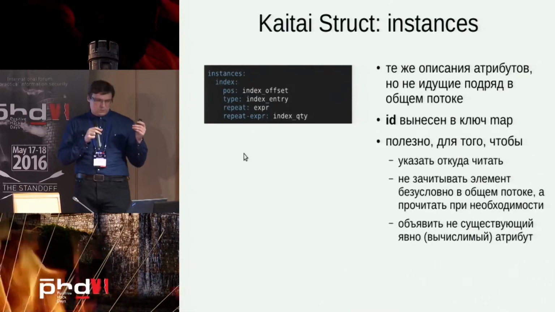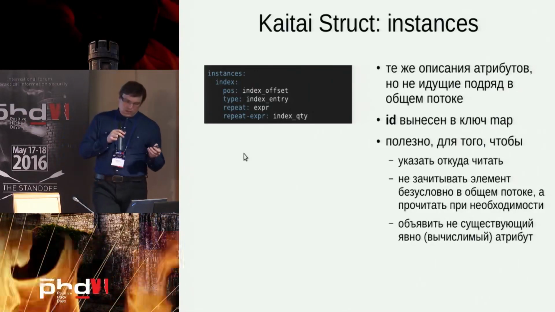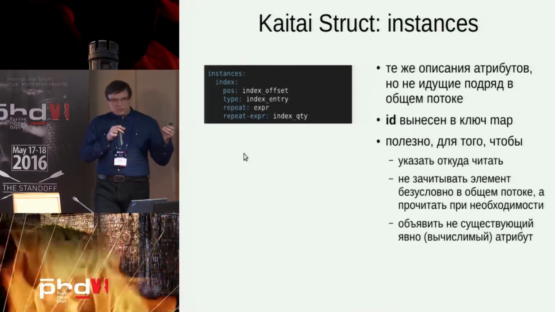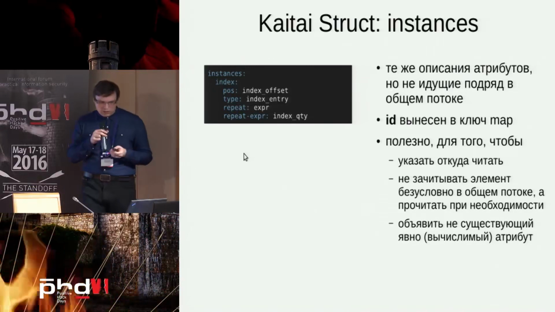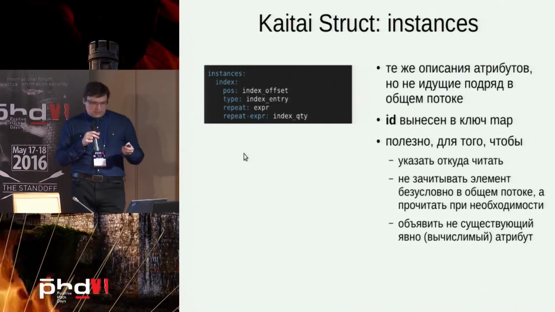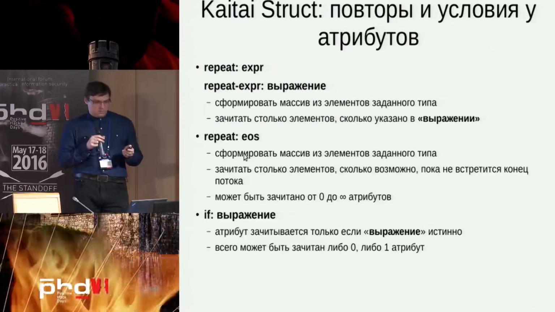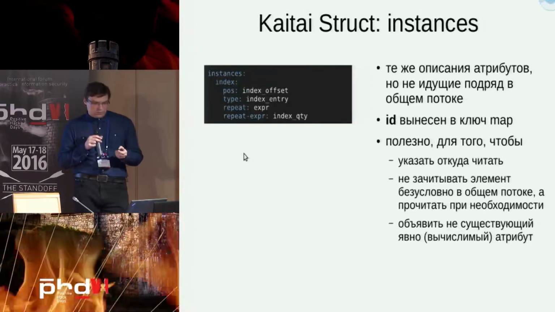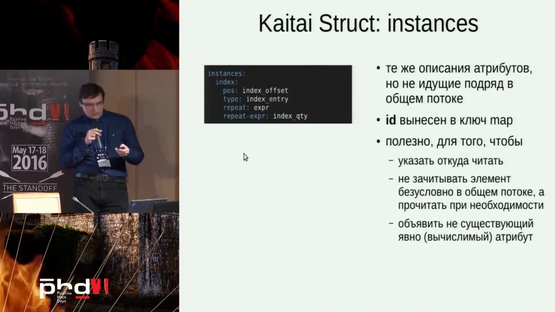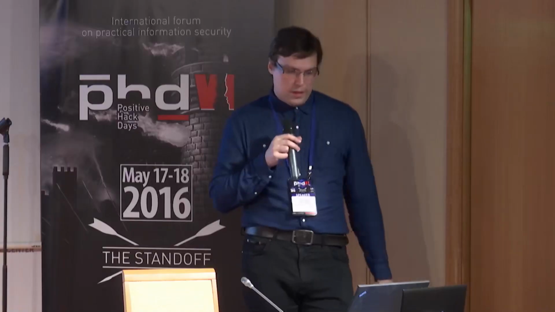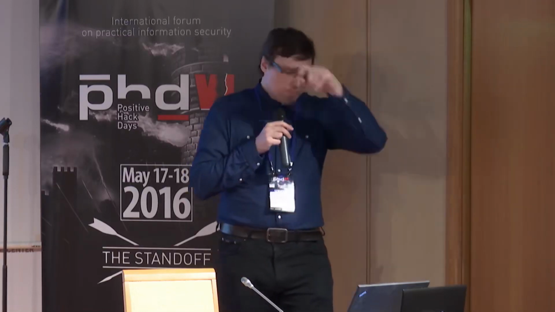Now we can use Kaitai Struct instances. These are almost the same as attributes, but indicating the position from where to read. They are indicated separately. Sequence order is not important for them. And apart from other things, apart from pos and type that I've already described, there are repeat and repeat-expr.